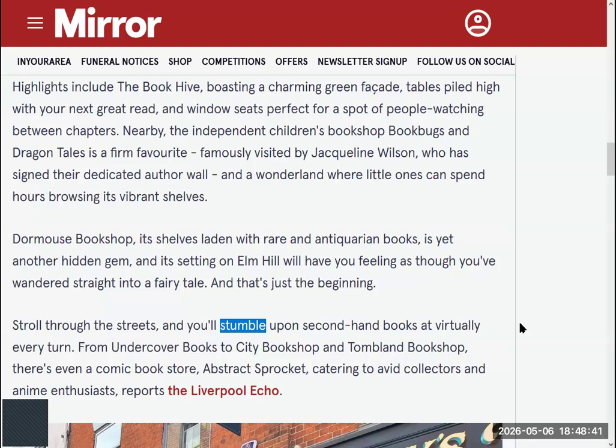So if you're browsing lots of different books in a bookshop, you probably will stumble upon some interesting books. But here I think it's got you walking through different streets and you stumble upon different shops. You sort of find them by accident. That's the meaning there.